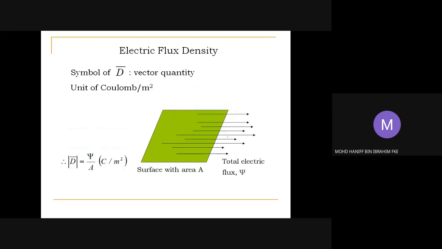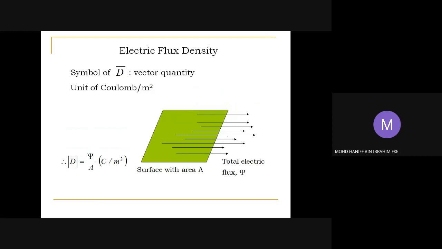Based on the previous slide, flux is basically a scalar component. But in EMT, as I've mentioned before, we prefer to use a vector quantity instead of a scalar.